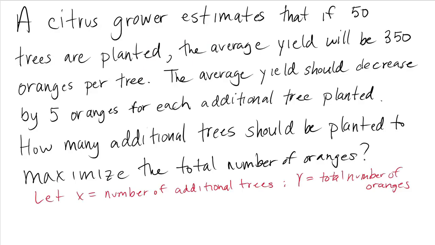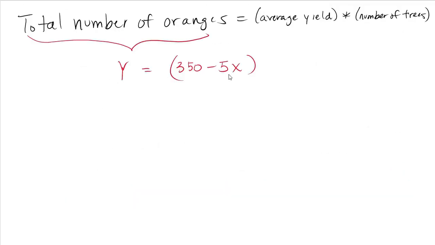Remember, X is the number of additional trees planted. So for example, if they plant 51 trees, that's 1 tree above the 50 that they're talking about in the scenario, in the estimate. We should lose 5 oranges from that, so it should be 350 minus 5, that's 345, and that's exactly what you get when you plug 1 into this factor. It seems like this factor works for the average yield per tree.